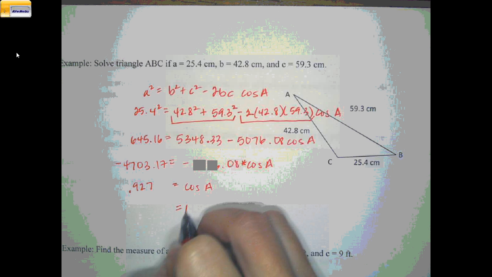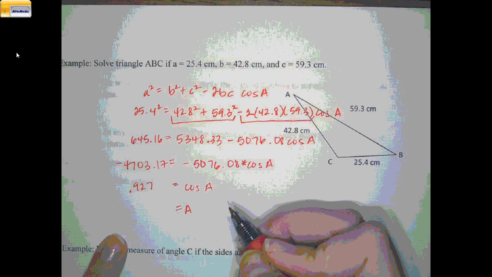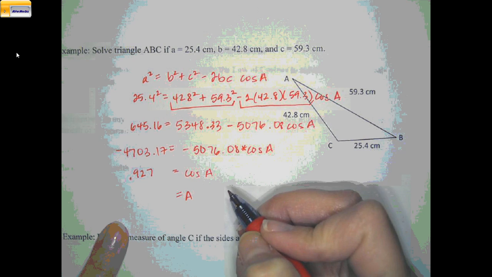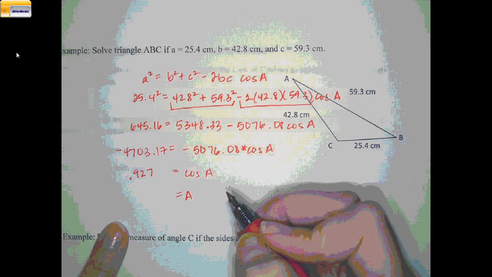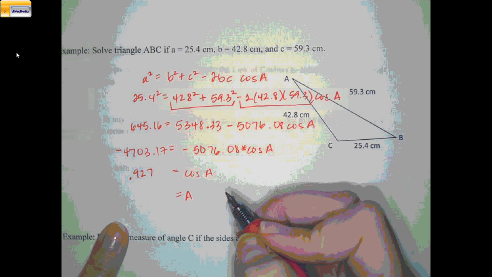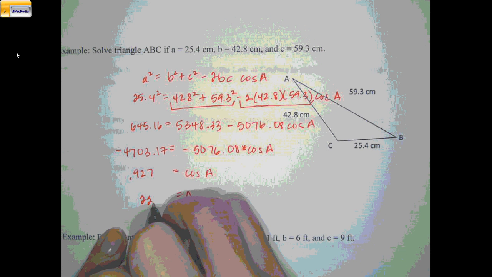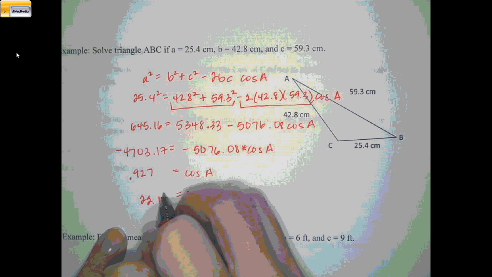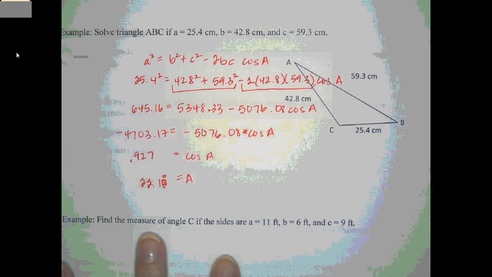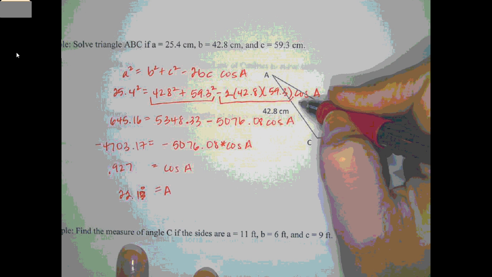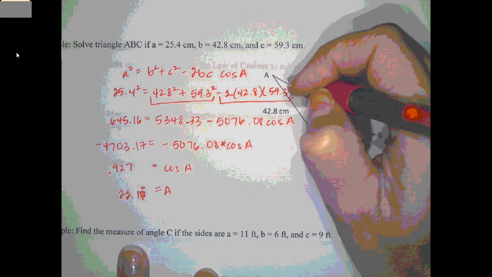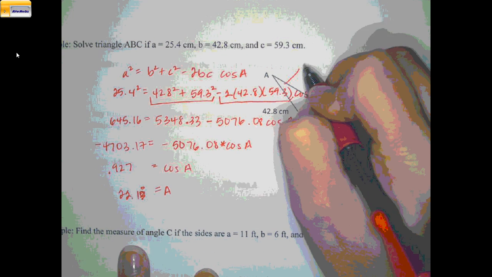All right, Carson. Oh, sorry, degrees. And you can look at the picture. I kind of drew the picture a little bit to scale. That angle A is 22.1, and that looks about right.